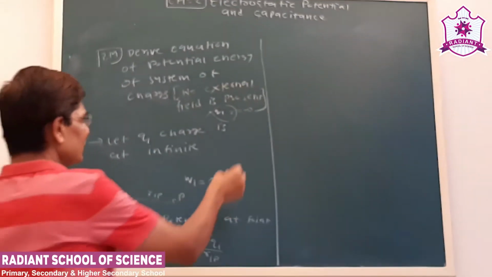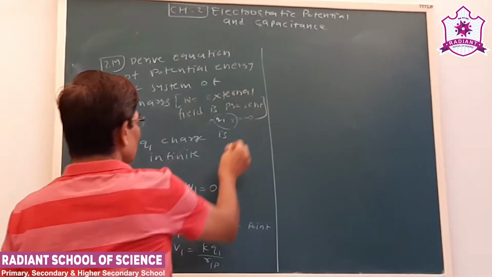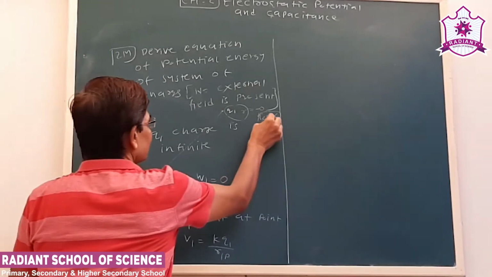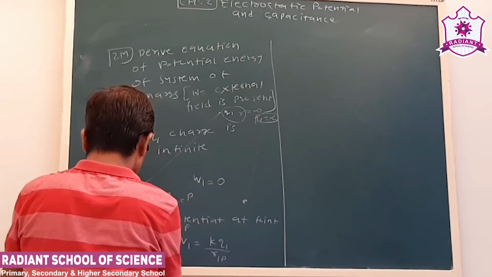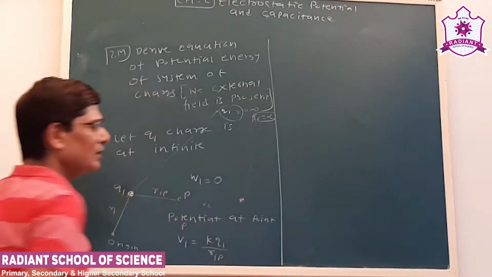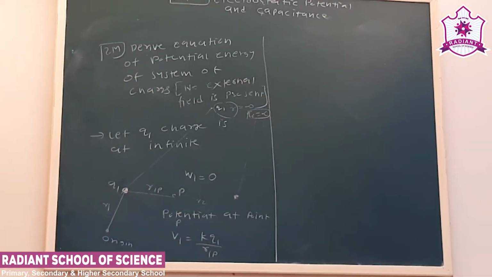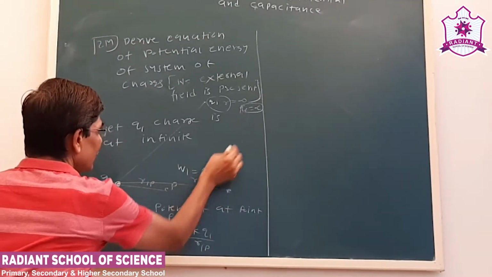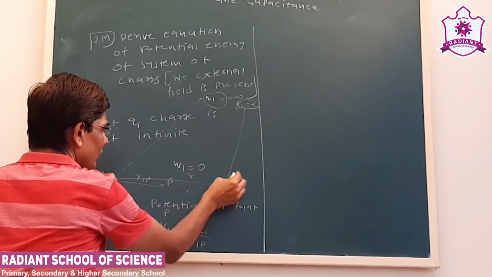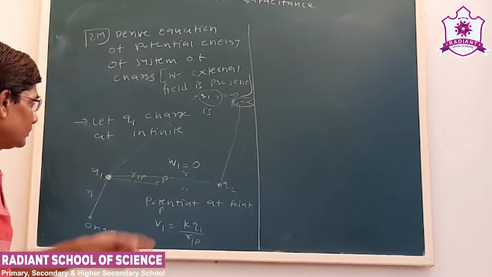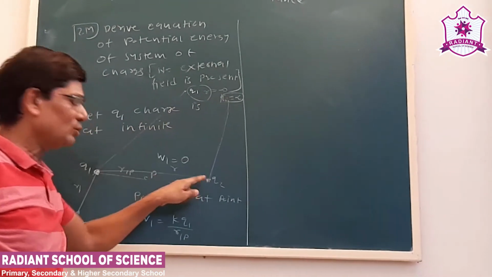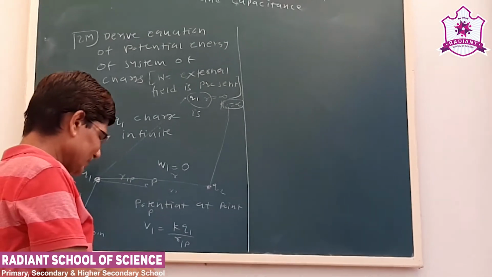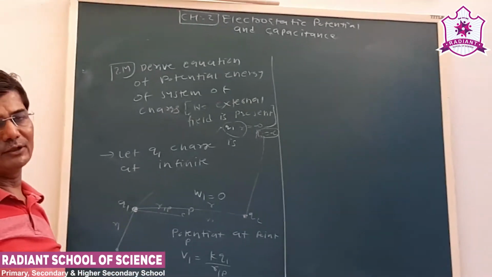Now let us say we bring Q2 charge, which is at infinity, to a given point in the space which has a position vector r2. Now see, the potential of Q1 is already present.